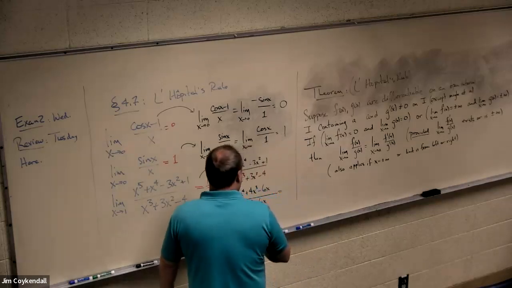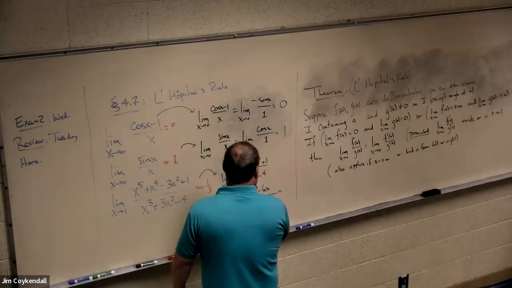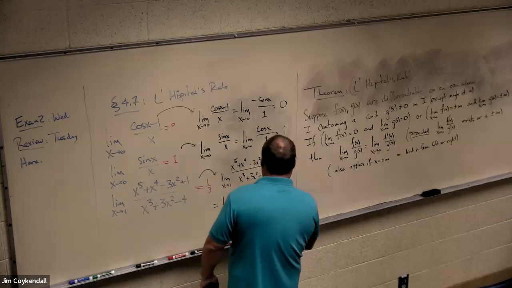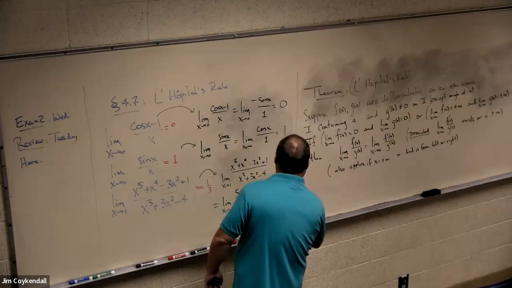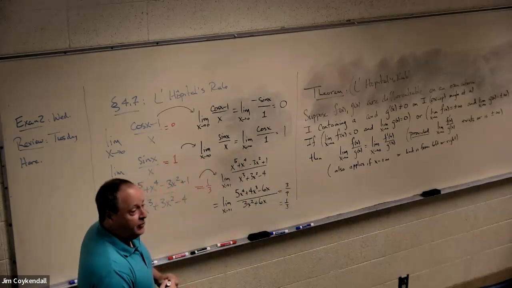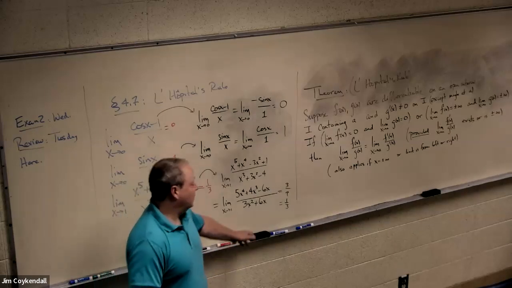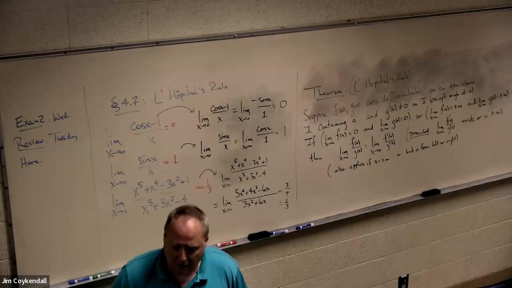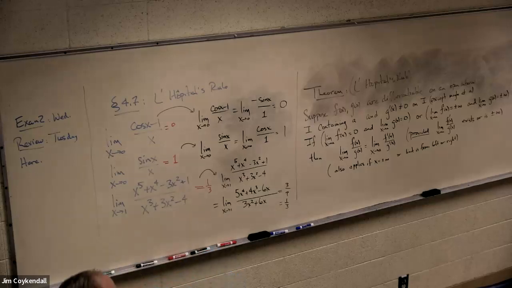Now, when I plug in 1, I get 9 minus 6 is 3 over 9, and that's 1/3. Done in 5 seconds. That's certainly much quicker. So L'Hopital's rule is very utilitarian.